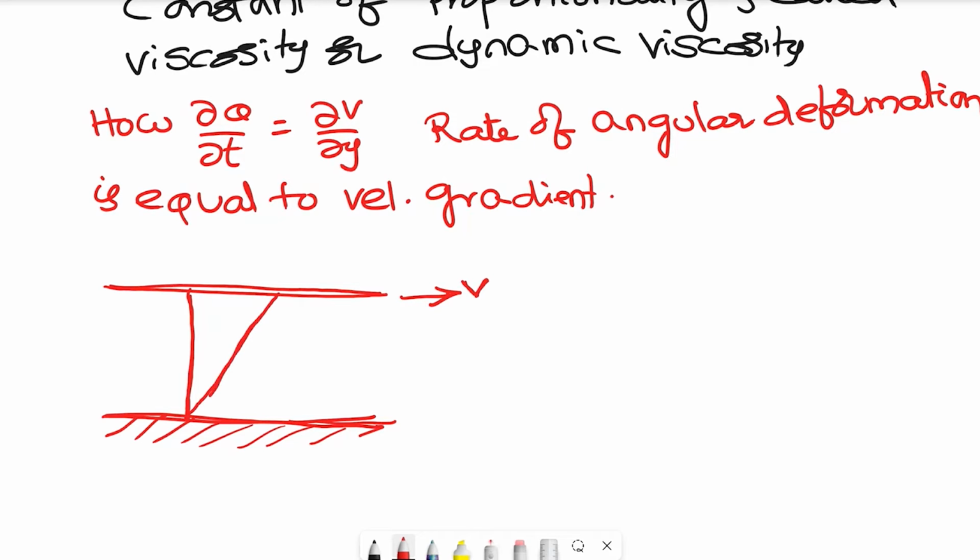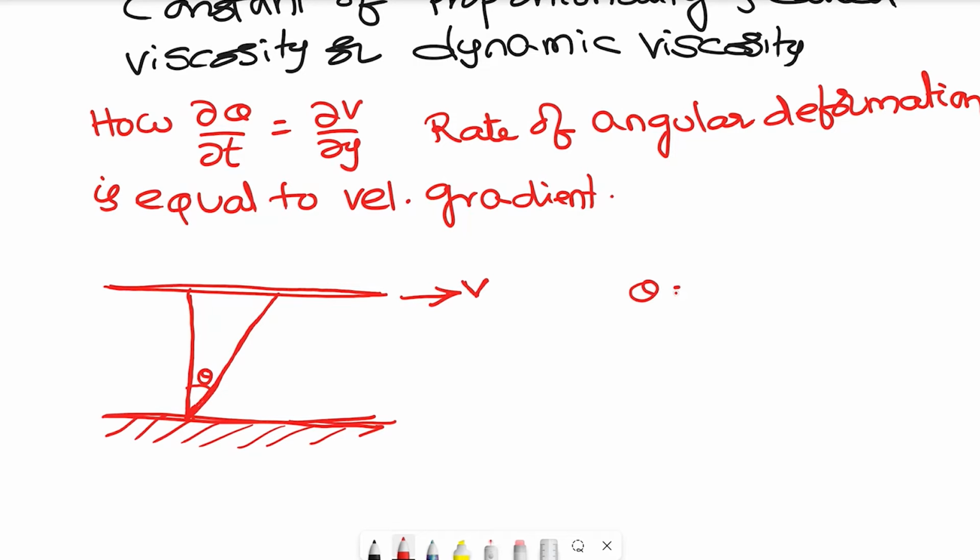When the velocity changes like this, this angle is theta. This theta is what we call angular deformation.